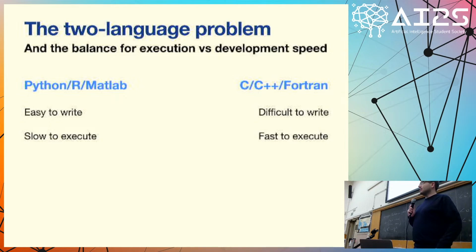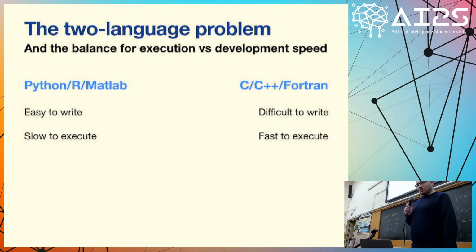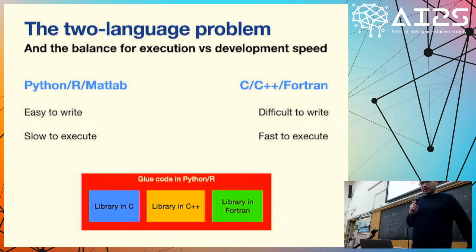They are easy to write. They tend not to be so fast. Even if there are a lot of ways to try to make them fast, we end up with what's called the two-language problem.